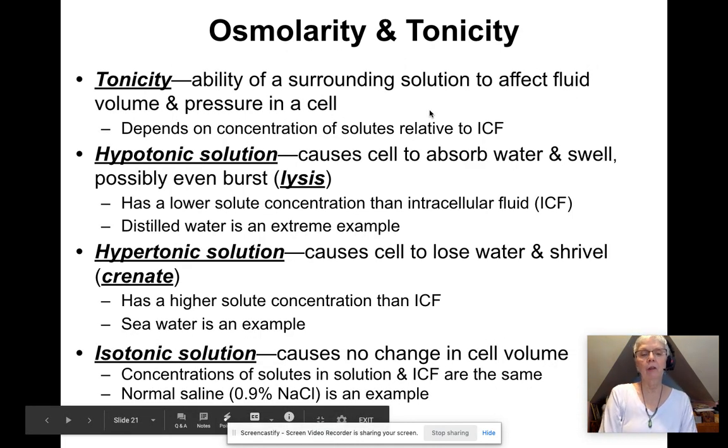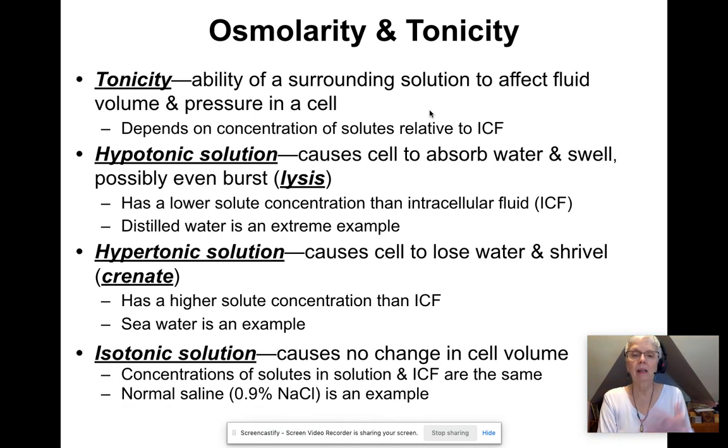Now, talking about tonicity, we're talking about the ability of a surrounding solution to affect the pressure in a cell. So this all depends on how many solutes are in your intracellular fluid. If you have a hypotonic solution, this causes the cell to absorb water and swell.